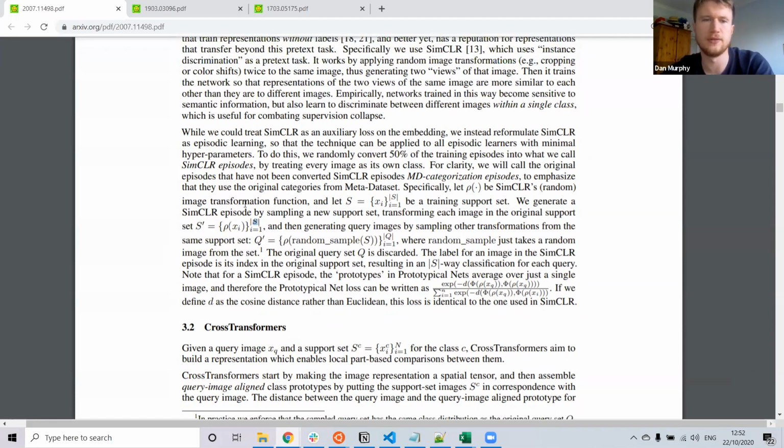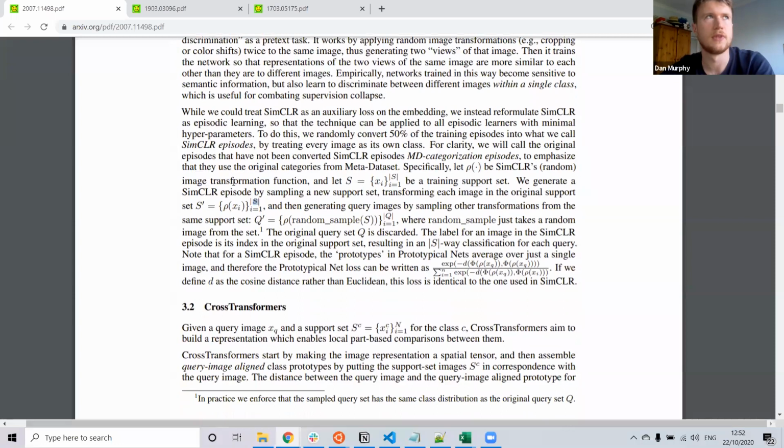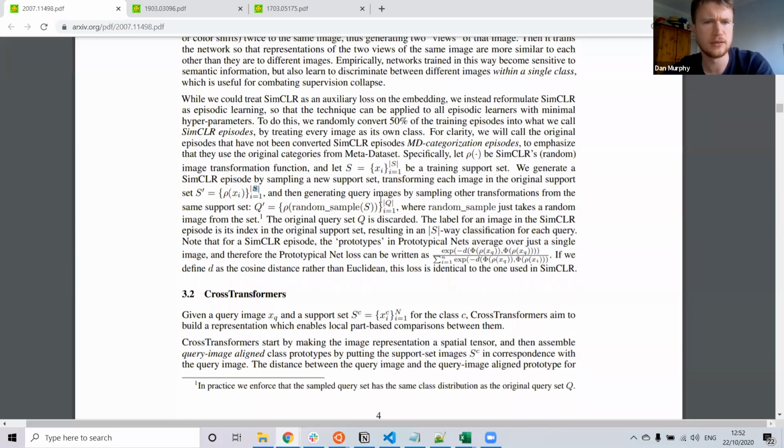Okay, so the support set will now contain one image from each class, right? Because each image is a class in this situation.